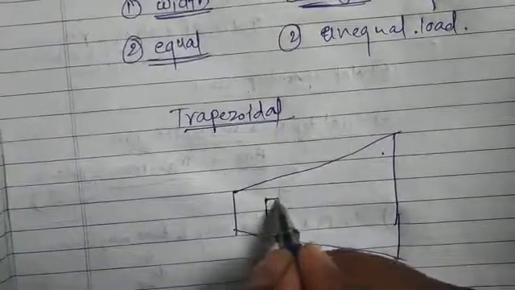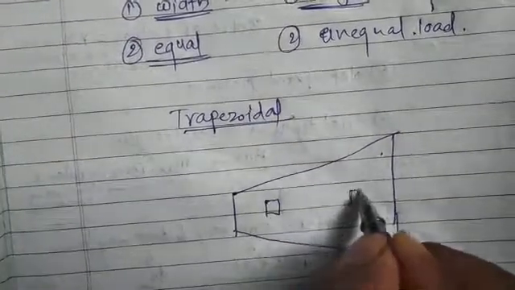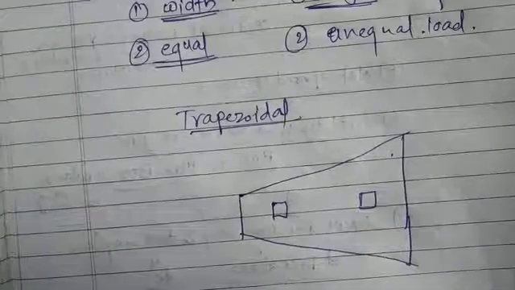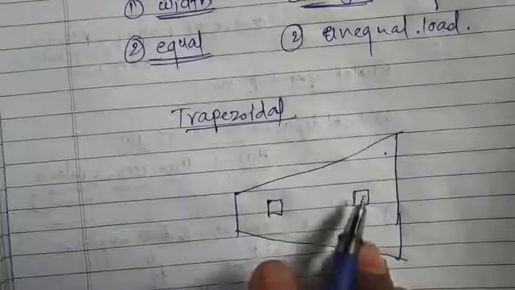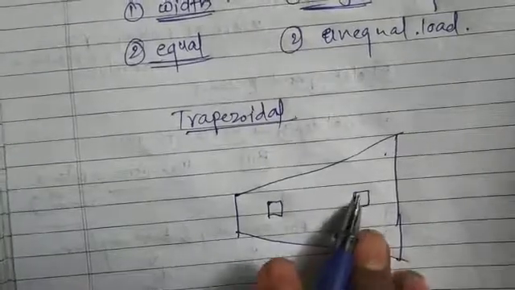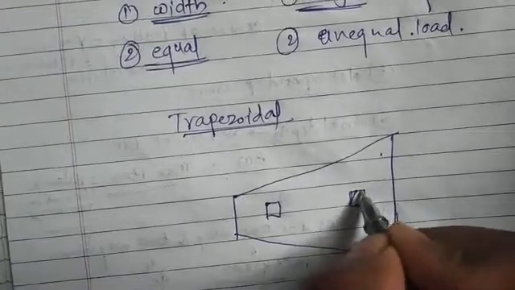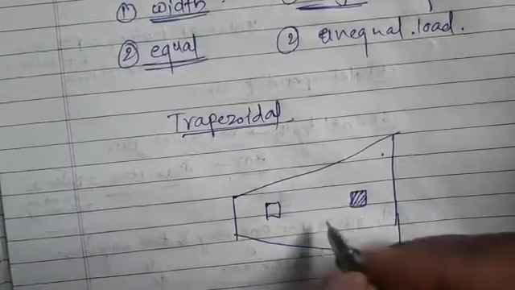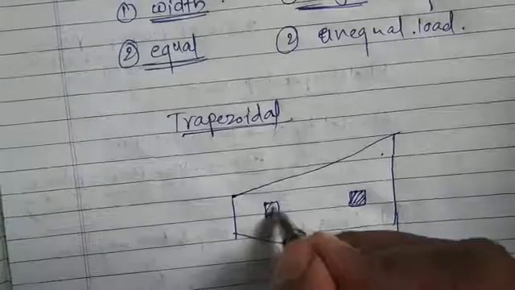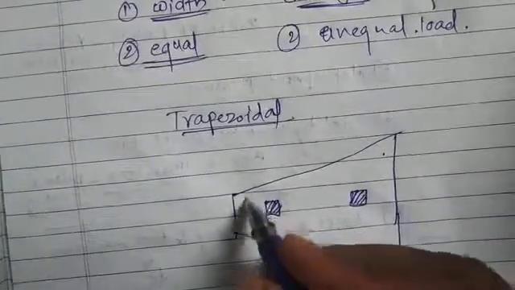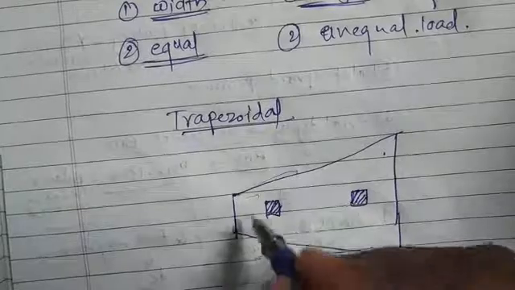If suppose this is column 1 and this is column 2, so like this we are providing trapezoidal footing. In this condition we can guess that this column is carrying larger load, whereas this column is carrying smaller load, because of which we have provided smaller area for this footing.